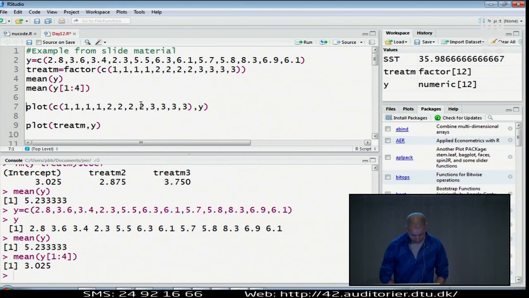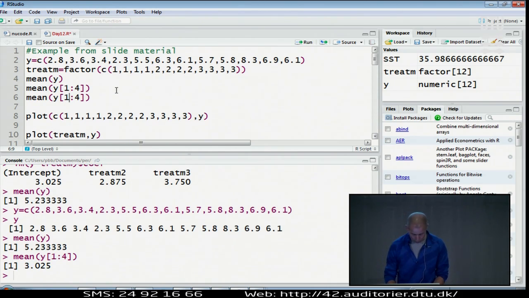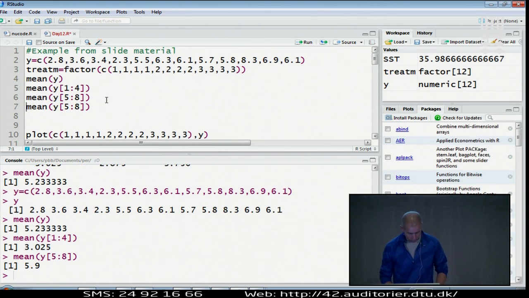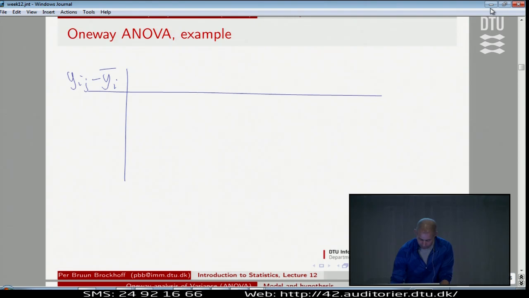That was the mean of group 1. What about the mean of group 2? That was 5.9. These were the numbers I was looking for from before. And the mean of the last three numbers, which is group 3, is 6.775. These were the three means that I plotted before. So the mean of group 1 is 3.025.